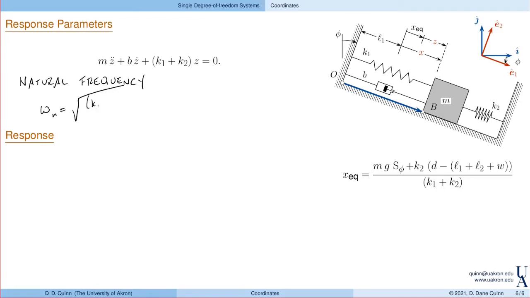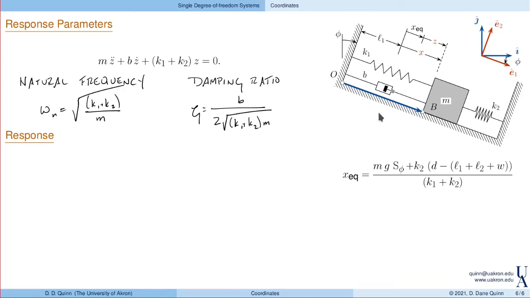So here that's K1 plus K2 divided by, you know, what's in front of the acceleration term, m. And likewise, the damping ratio for this system, zeta, is damping, B, over 2 square root of this total stiffness of the system, K1 plus K2 times m.